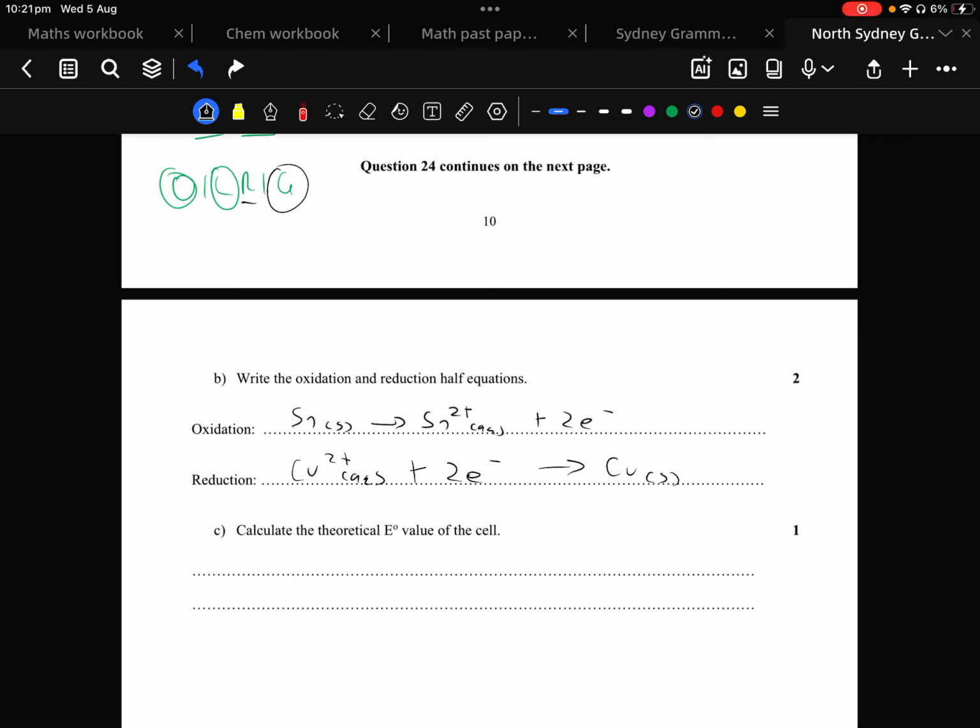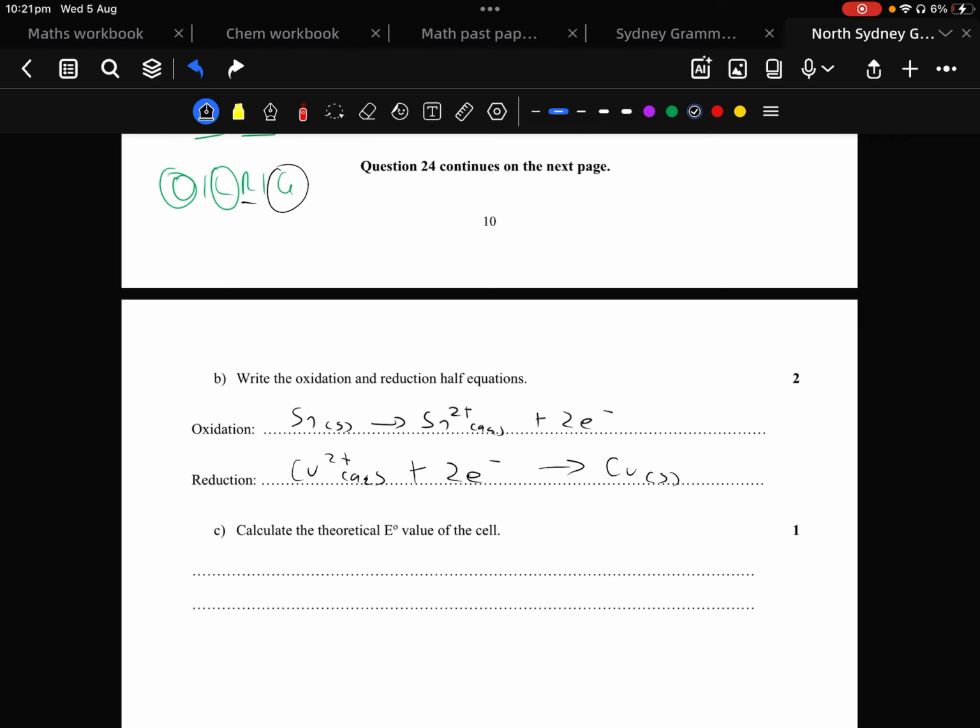Now calculate the theoretical electrical cell potential of the galvanic cell. Looking at the formula sheet, we know Sn2+ plus 2e- gives us tin solid, is negative 0.14 volts.